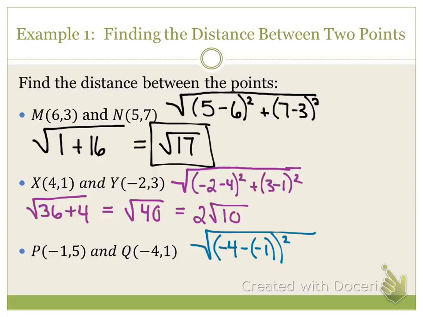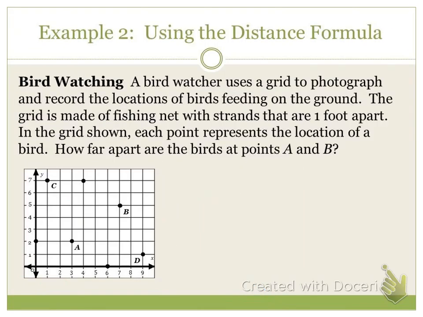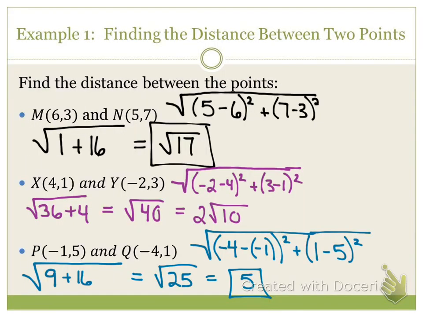A double negative. Anybody catch it? I bet you'll catch it next time. Plus 1 minus 5 squared. And then when I evaluate, I get an even 5. Sorry about that. Anybody get 5? I did catch that, yeah. Okay, the double negative. Good job, guys. All right, so the double negative you're going to see often. So just make sure you catch those and you change them to positive before you evaluate.